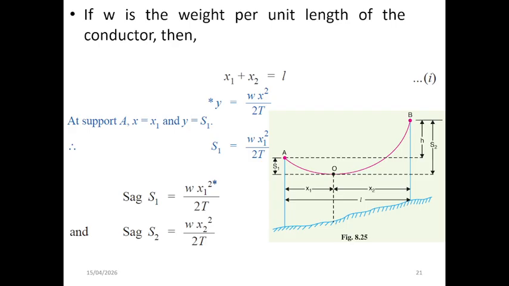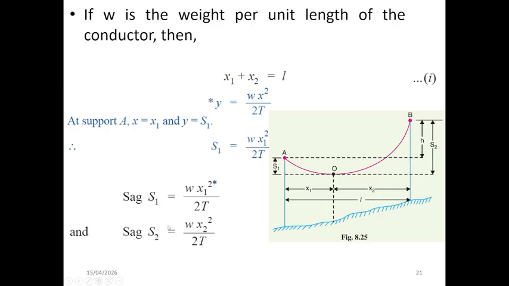Using this equation, the sag at each support can be determined by substituting the corresponding horizontal distances. At support A, x is equal to x1 and the sag is equal to S1. Similarly, at support B, x is equal to x2 and the sag is equal to S2.